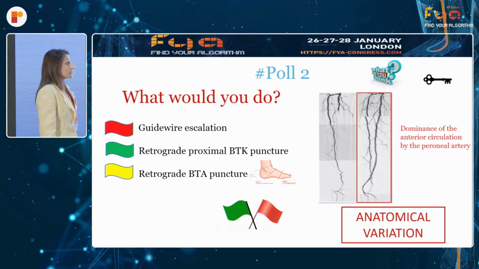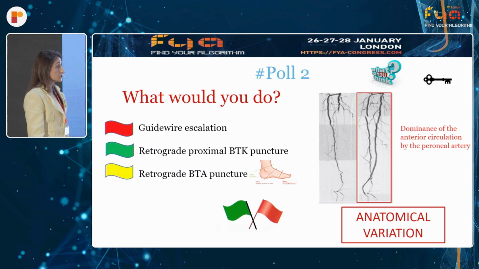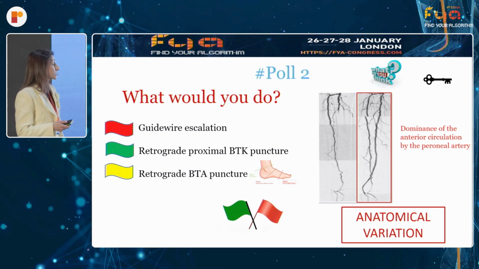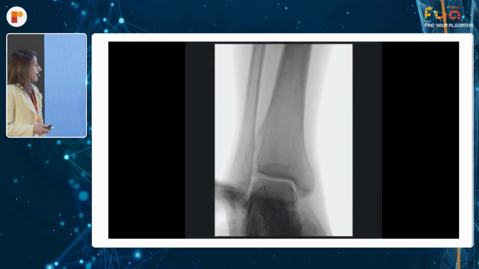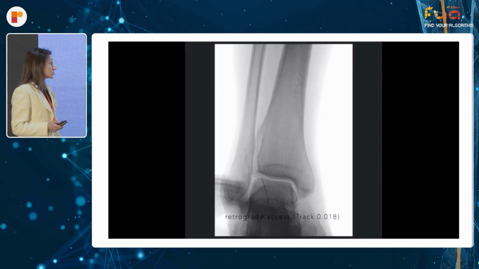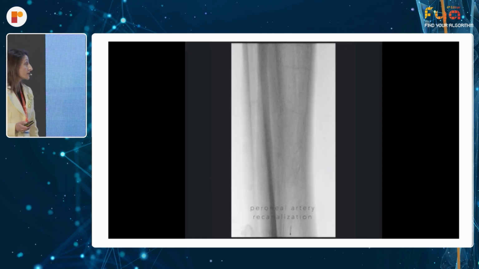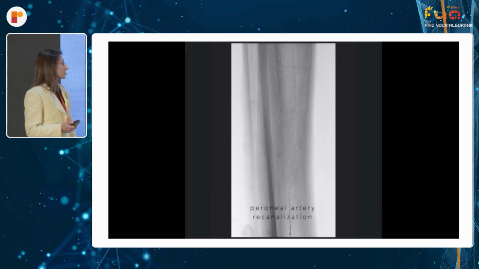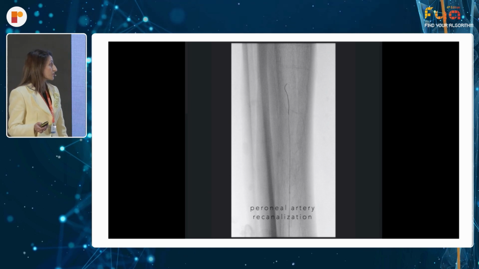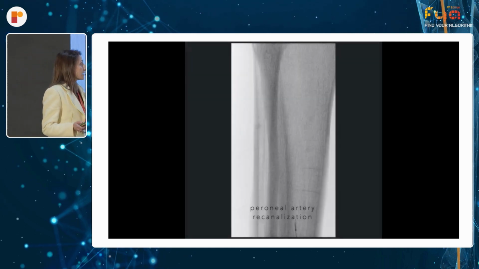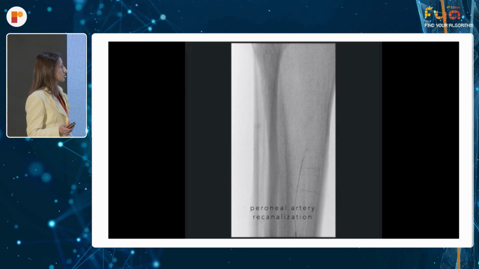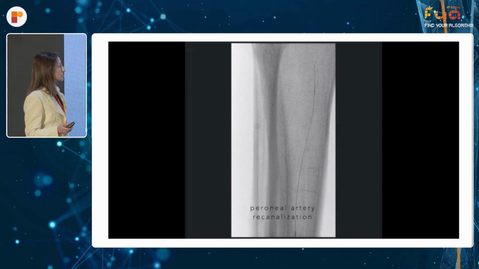That's why we decided to perform a retrograde BTA puncture, an easy puncture at the level of dorsalis pedis, zone 1. We performed a retrograde sheathless DP puncture using a Track 018 guide wire and a short Navicross 018, and confirming we were in the peroneal artery, we performed a peroneal artery recanalization using the Track wire and Navicross.